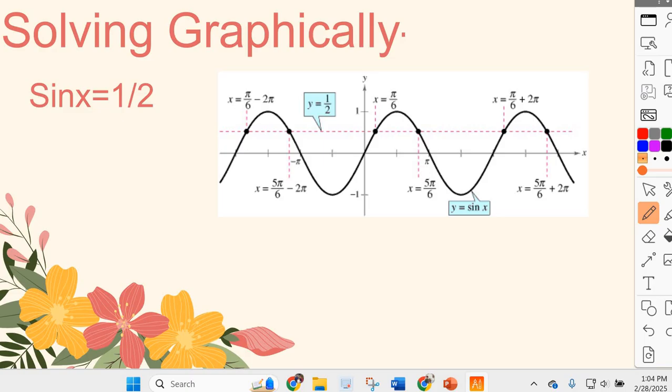So hopefully we remember our sine graph. Remember, it starts at 0, 0. We have an amplitude of 1, and we have a period of 2 pi. Notice, what's the other line that we have graphed there?